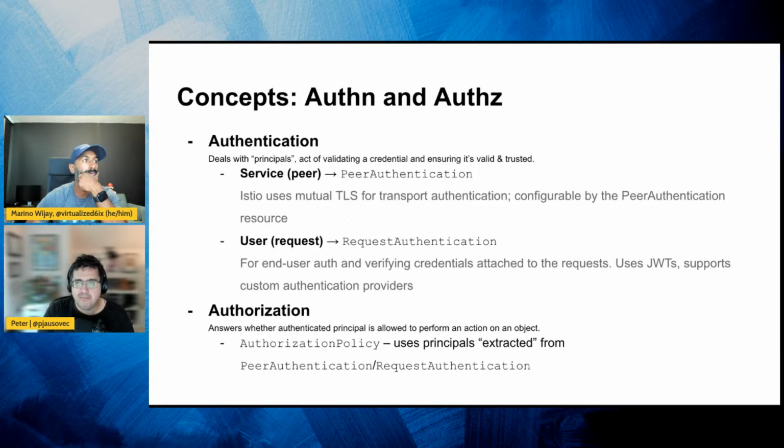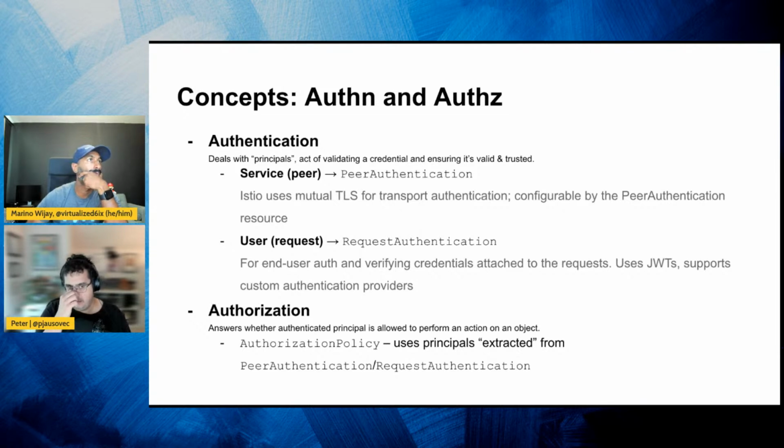It can be the claims, right? It can be whatever is encoded in that JWT token that's attached to the request, right? And this is important later on for the authorization. What authorization does is it can answer the question whether an authenticated principal is allowed to perform an action on an object.